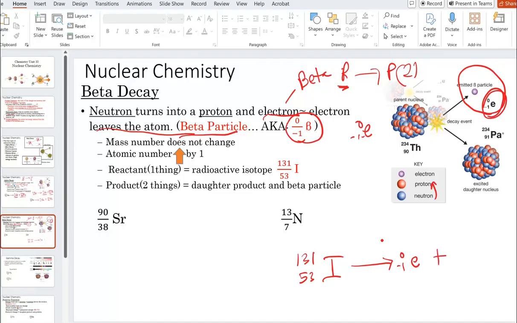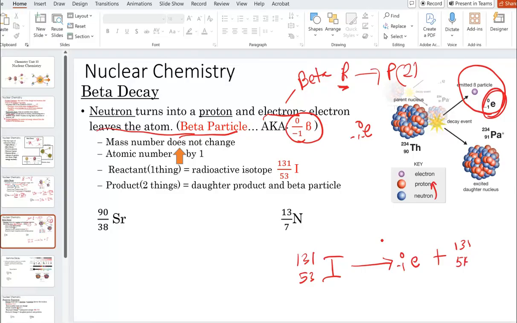And a daughter product. Now I have to figure out what my daughter product is. I know the mass number doesn't change, so I'm just going to write my mass number 131. However, my atomic number goes up by 1, so 53 is going to turn into 54.